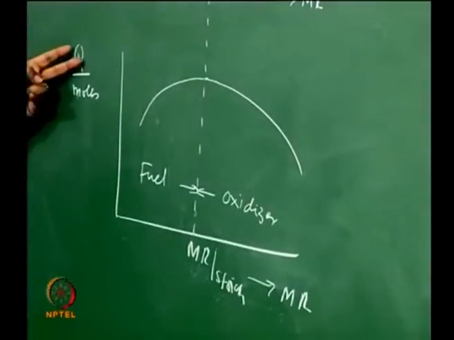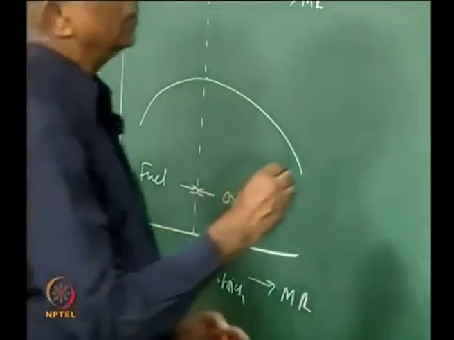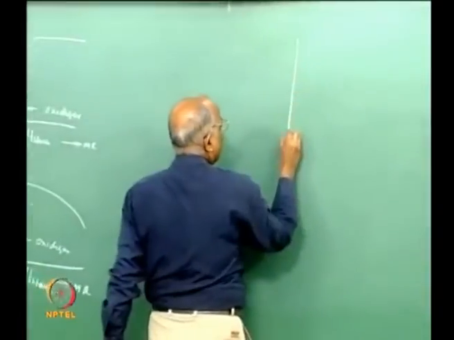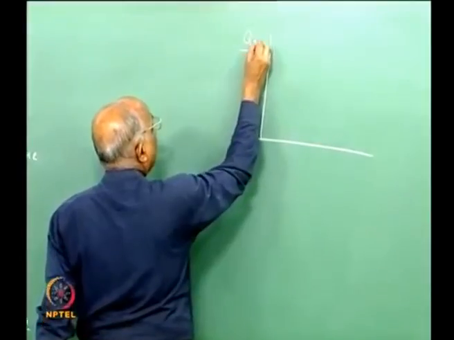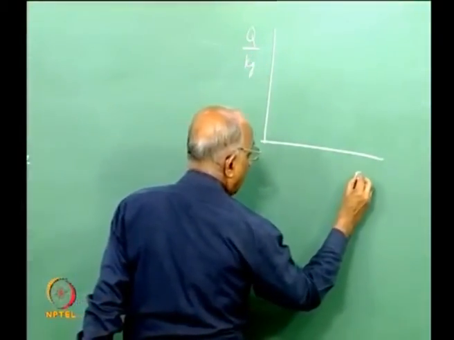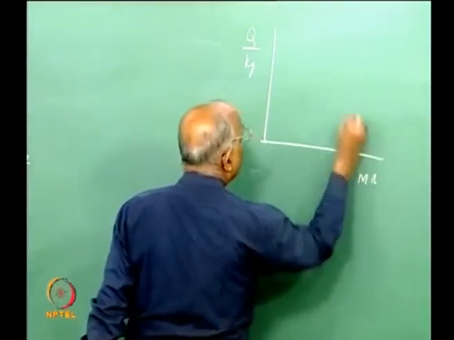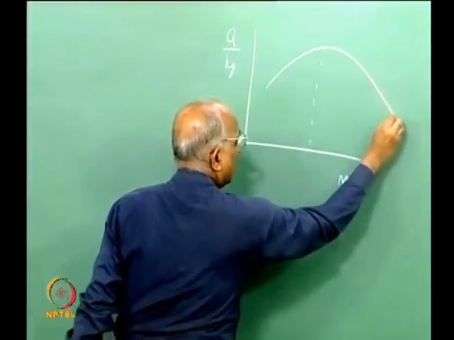Now, instead of expressing heat release per unit mole, I can also have a similar figure. That means now I say heat release per unit mass of products, that means Q, so many kilojoules per kilogram of product, as a function of mixture ratio. Well, it will be exactly similar, and I get a curve something like this.